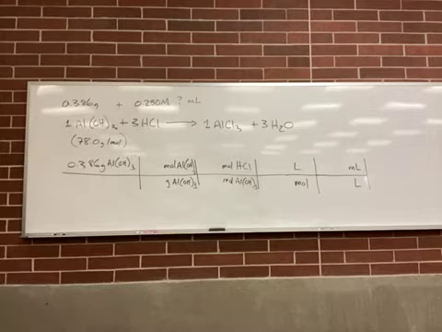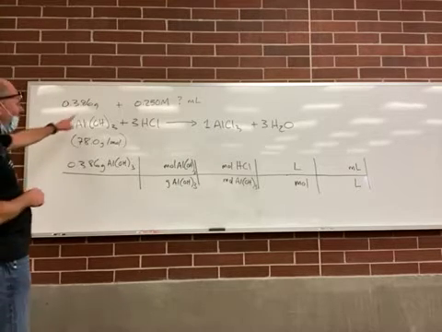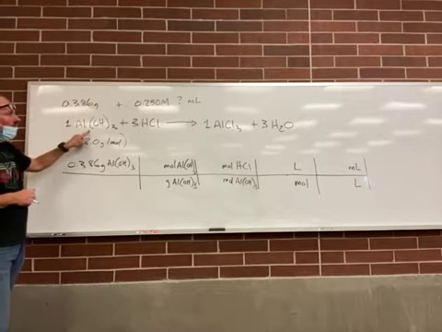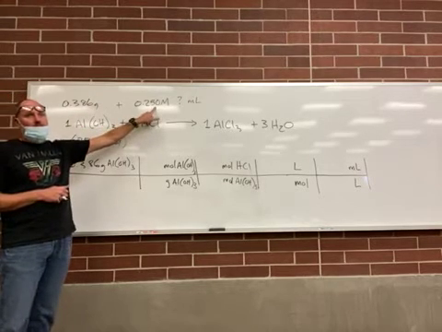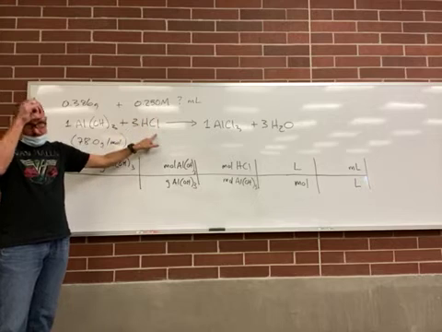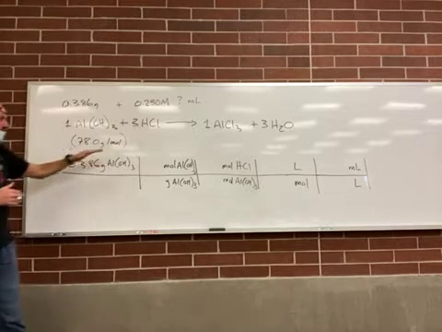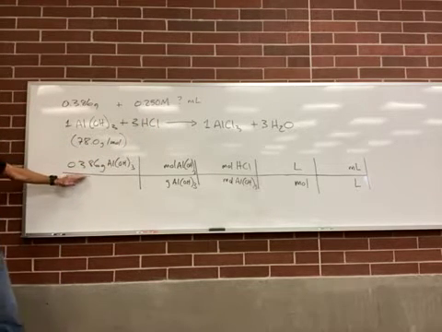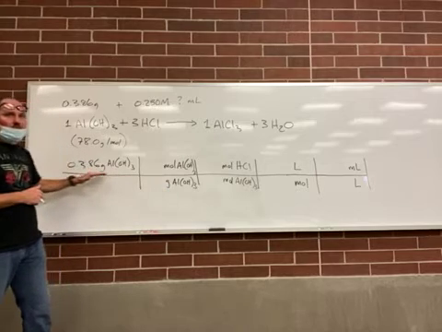Okay? Now let's walk through it before we just plug and chug. Do we see what we're doing? We are calculating how many grams of aluminum hydroxide are going to react with this molarity of hydrochloric acid. So I've been given the number of grams of aluminum hydroxide, therefore grams and grams.